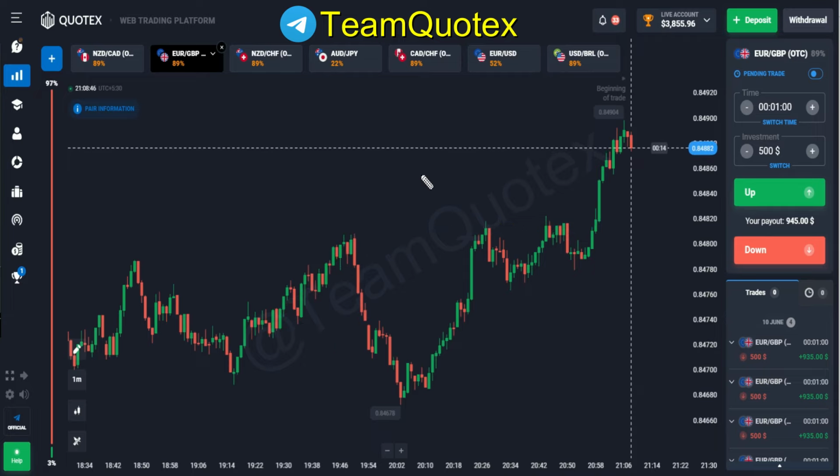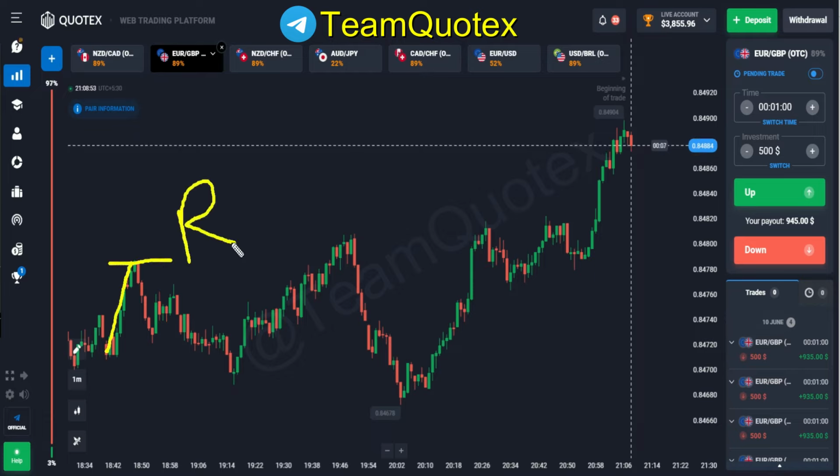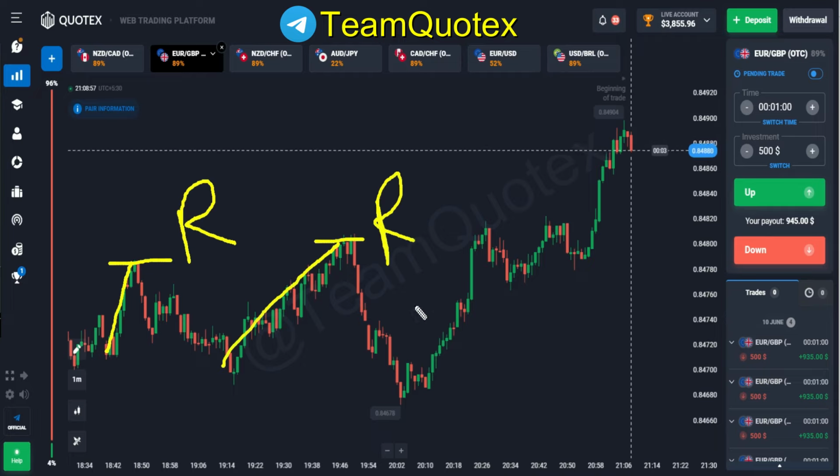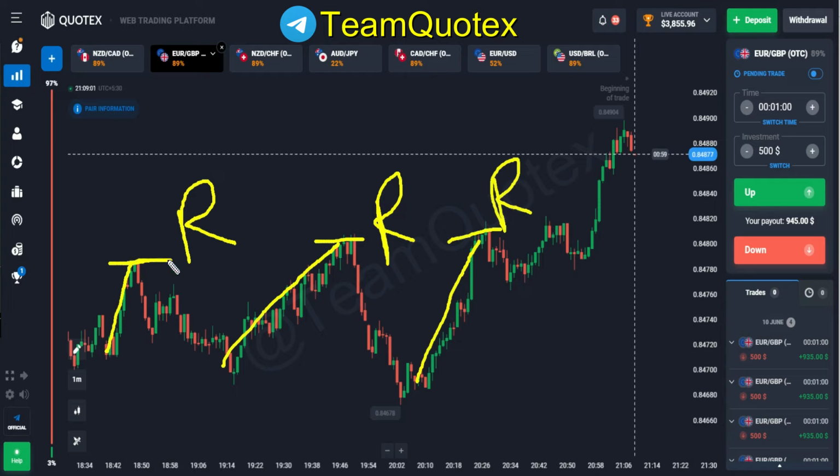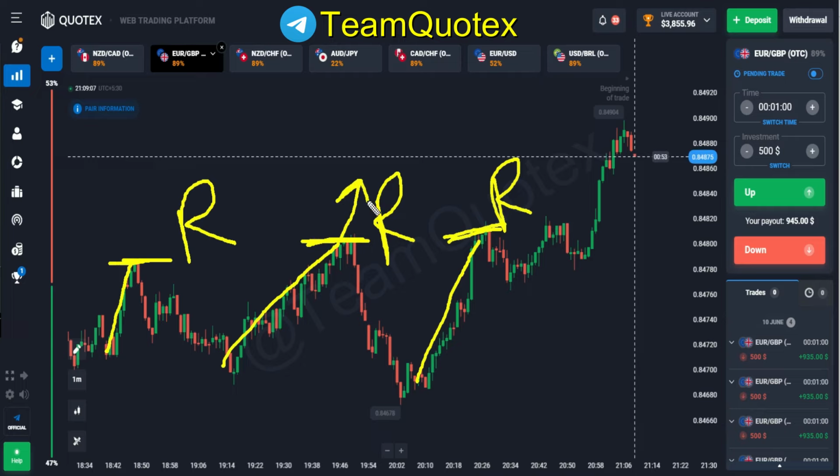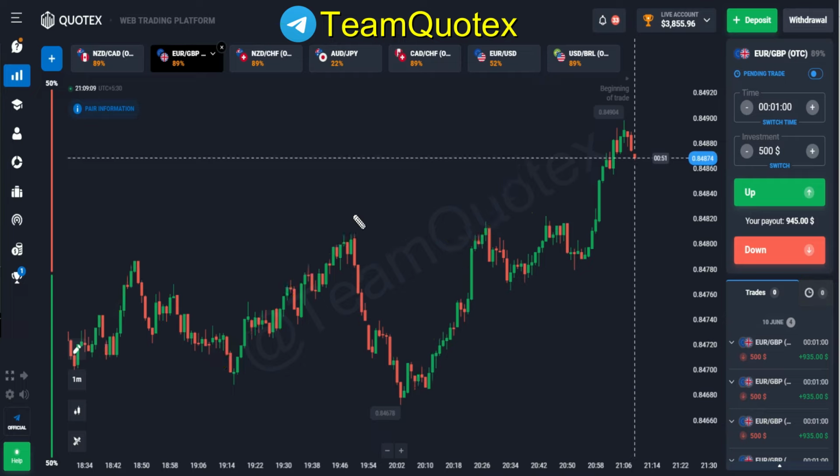So now you have to understand, if any level is creating an uptrend, like this is an uptrend, then this is a resistance level. Now you know this one is another resistance level. So these are acting as a ceiling, guys. These are not allowing the price to become higher. So this is basically the role of resistance. Now how we can trade, I'm going to share my trick with you.